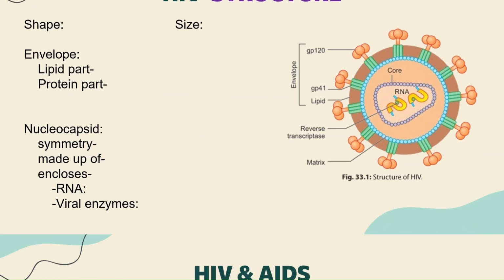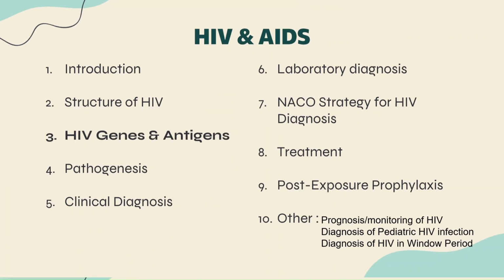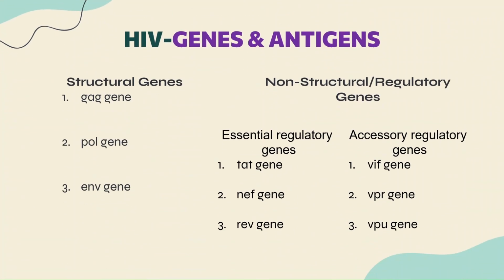Clear? Next is the genes and antigens related to HIV, guys. There are two types of genes: 3 structural genes and 6 non-structural genes, also called regulatory genes. The 3 structural genes are the GAG gene, the Pol gene, and the ENV gene.